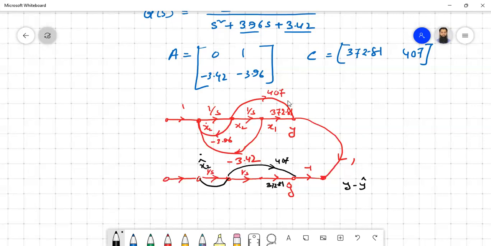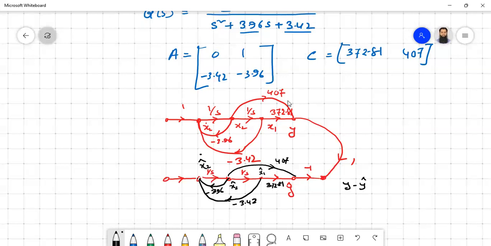So it is coming from self feedback, that is minus 3.96, and the feedback from the other one, that is actually your x1 hat. This is your x2 hat, with a gain of minus 3.42.